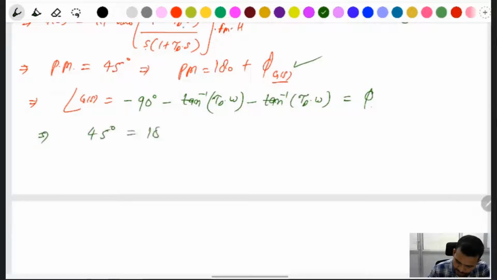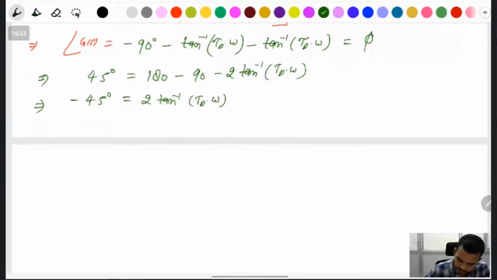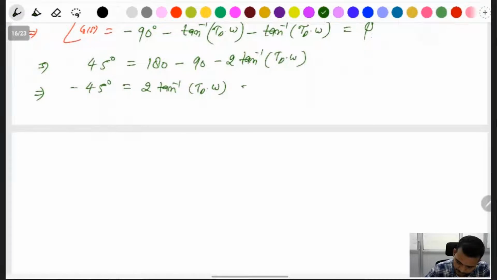Put the value here. PM 45 degrees equals 180 degrees minus 90 degrees minus 2 tan inverse of tau d into omega. So 45 degrees equals 2 tan inverse of tau d into omega.